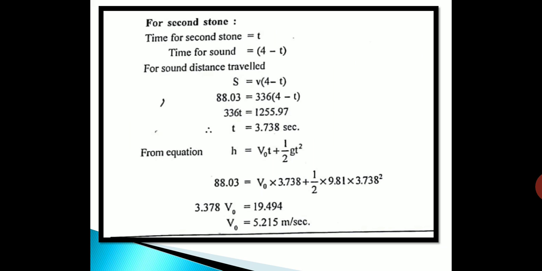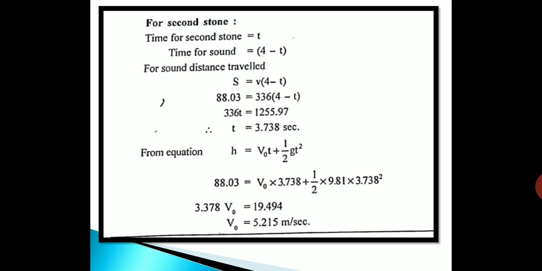Therefore the distance travelled, s, for the sound will be equal to v, the velocity of sound, into time, that is v into (4 minus t). Now s is nothing but h, the depth at which water is there, which we have got as 88.03.